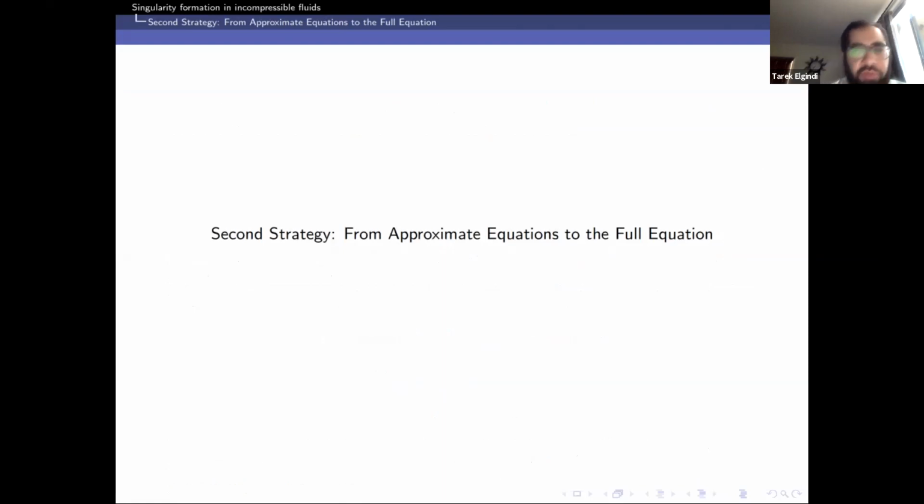Next, I want to talk about another strategy, which is how you pass from approximate equations to the full equation. Say you want to prove blow up for a certain equation, and in certain scenarios it looks like a perturbation of another equation where you know there's blow up. How can you pass from the approximate equation to the full equation?